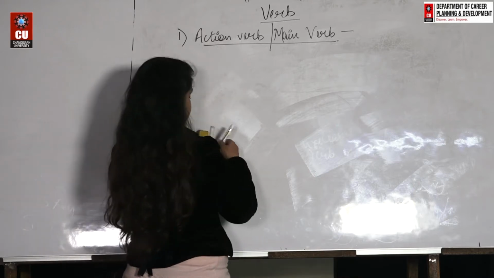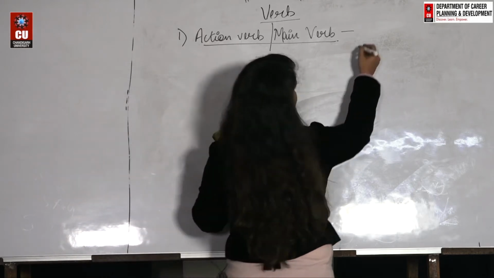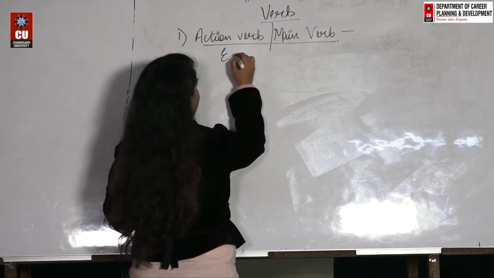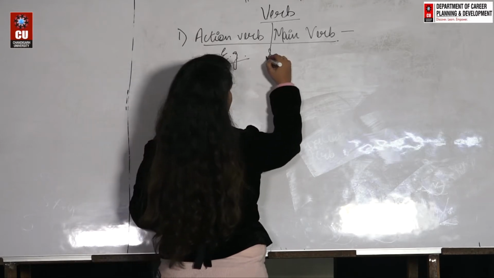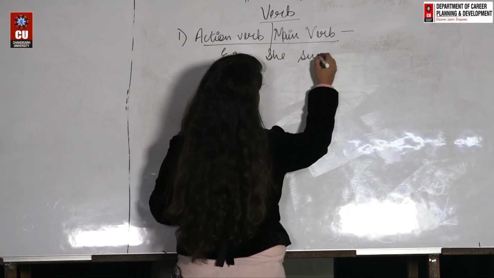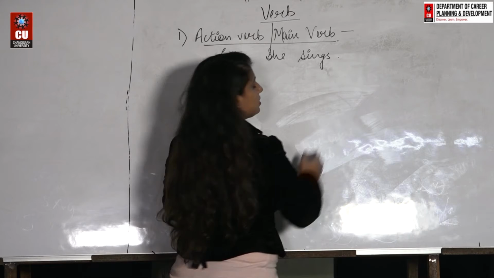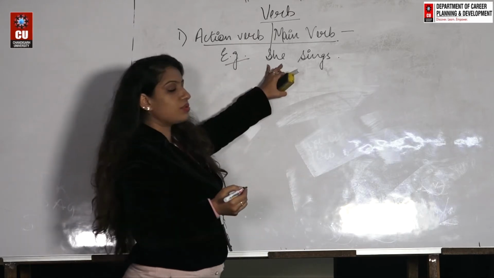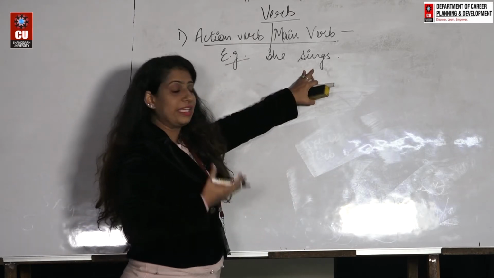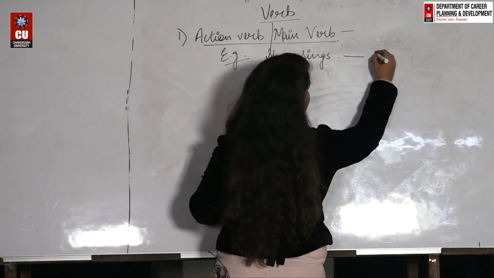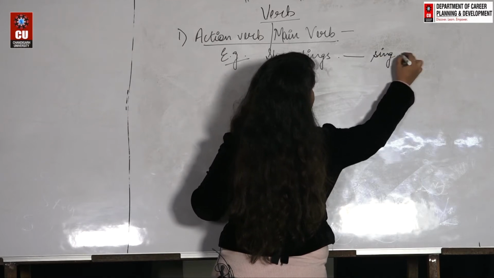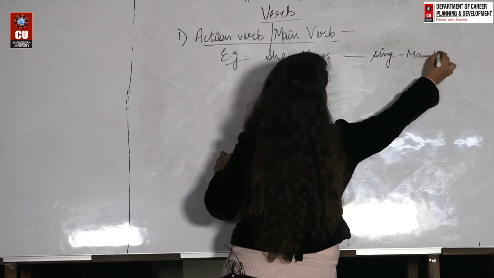Example, she sings. Now what is she doing here? Sings. Again an action. So in this, sing is the main verb.